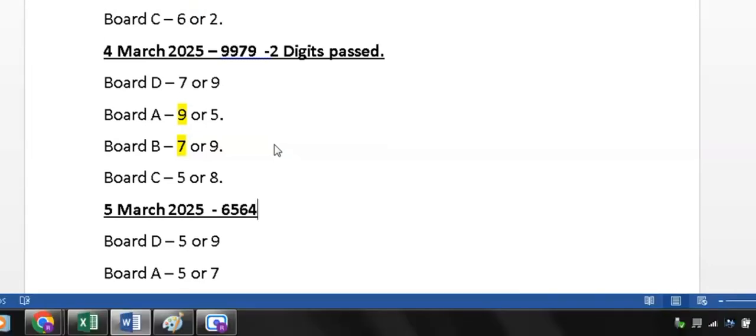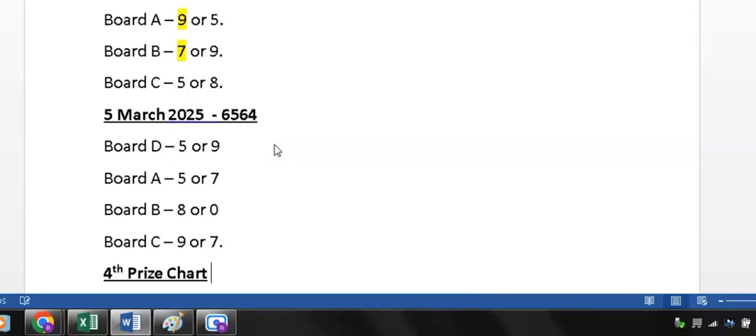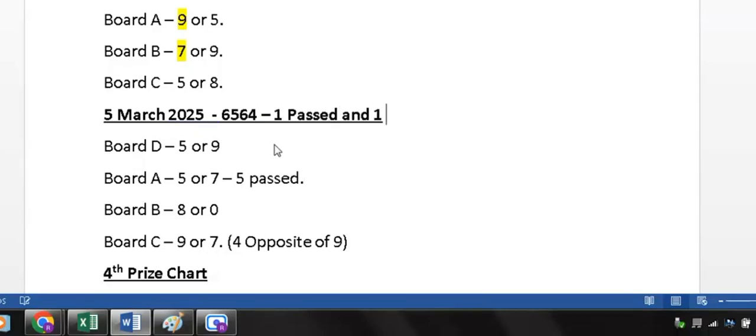Then look at 5th of March, 5 came in board A, 4, which is an opposite of 9, came in board C. So you can say almost two sequences passed here from the judgment or the forecast that we had prepared here.